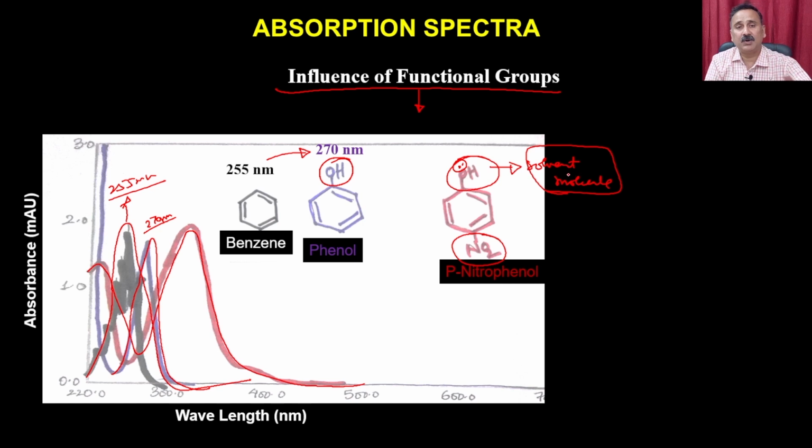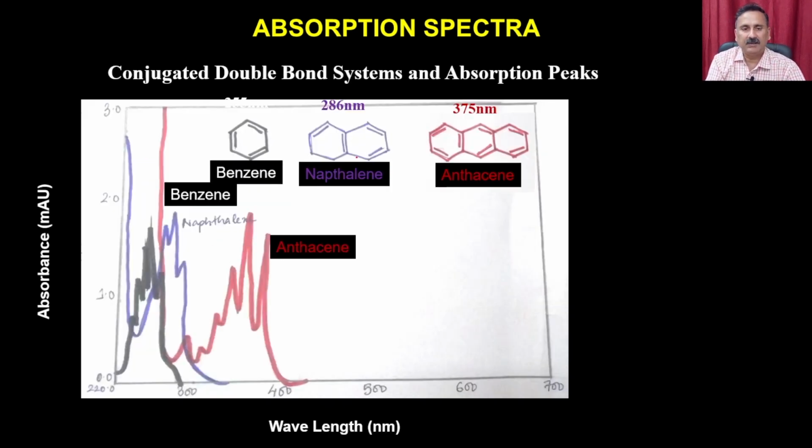These electrons are not free to move into the higher energy state, so you require a higher energy wavelength, and that's how it gives you the lambda max at a slightly longer wavelength.